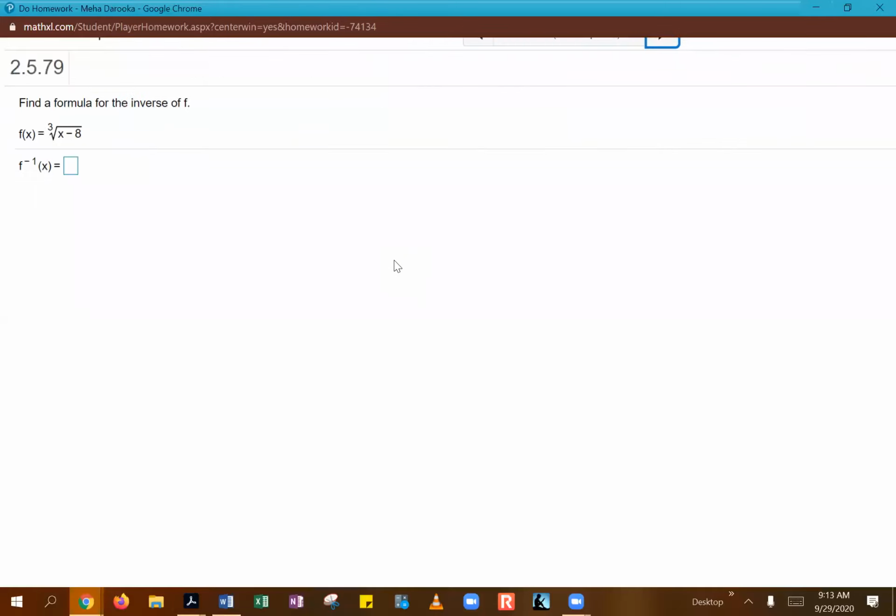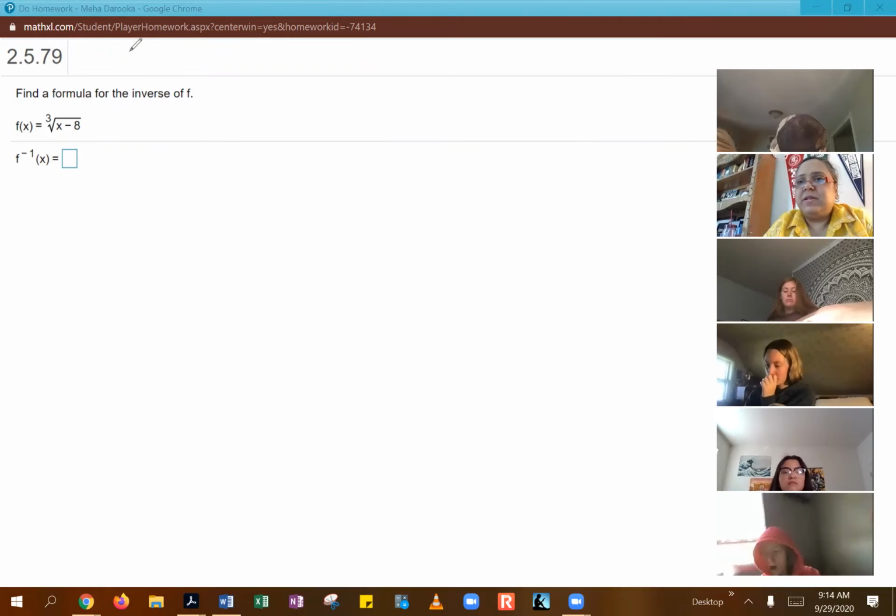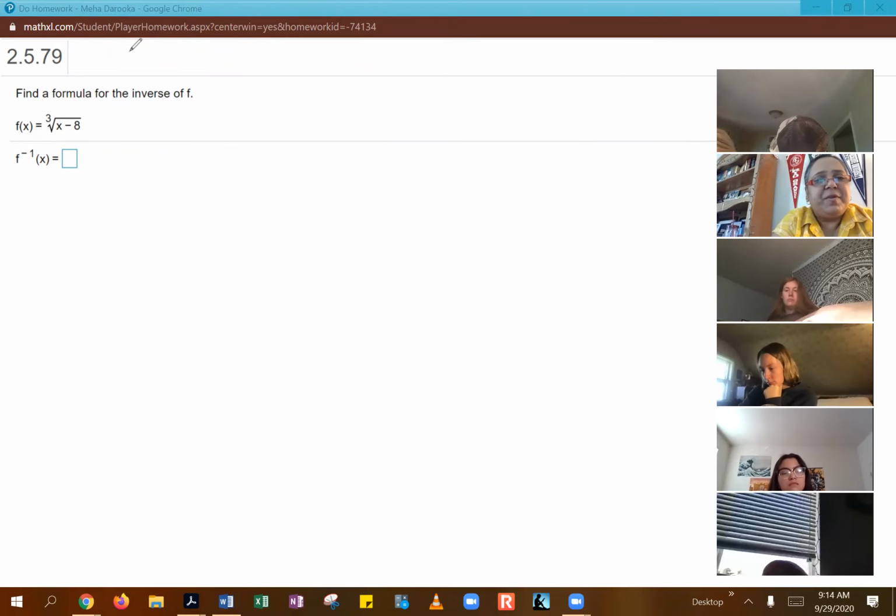You've got another example over here to find the inverse. Again, I'll show you with the switch and solve method, but then I'll also show you how the mental method works for this. Before I show you that, I want to give you guys a chance to try and work through this example.